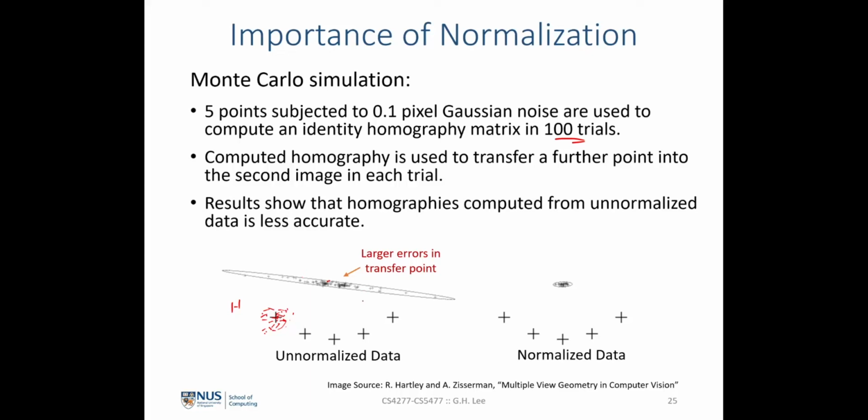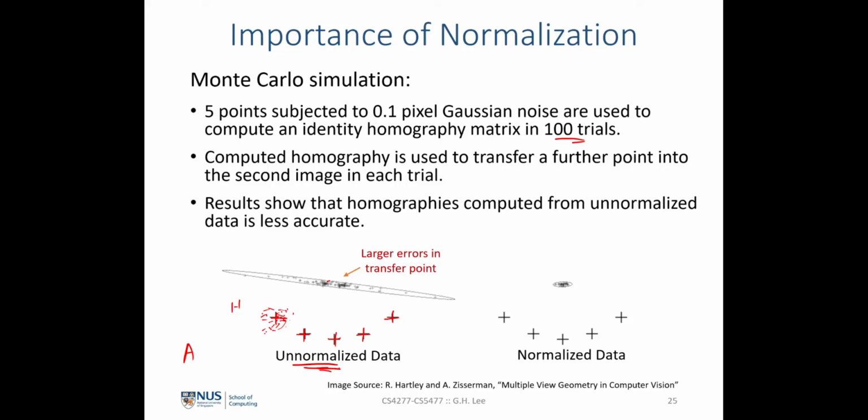We can see that if we use unnormalized data to compute, the A matrix that I have formed from this unnormalized data is going to have a different order of magnitude over the different columns, as we have seen in the example in the previous slide.